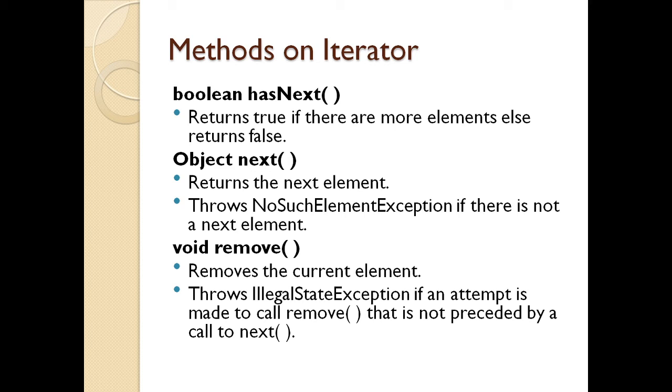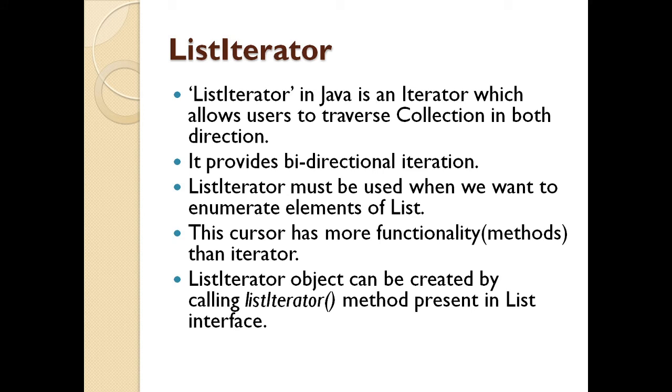Now the next important topic in iterator is your ListIterator. It is an iterator which allows the user to traverse the collection in both directions. Your Iterator allows you to access only in the forward direction. You are not able to go to the previous element. But your ListIterator, because you know list and linked list, gives you the address of the next element as well as the previous element.